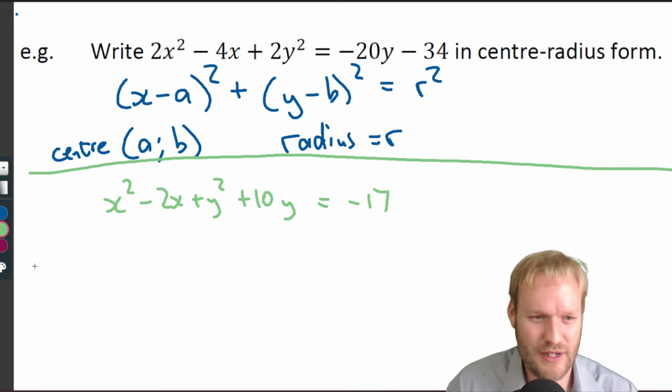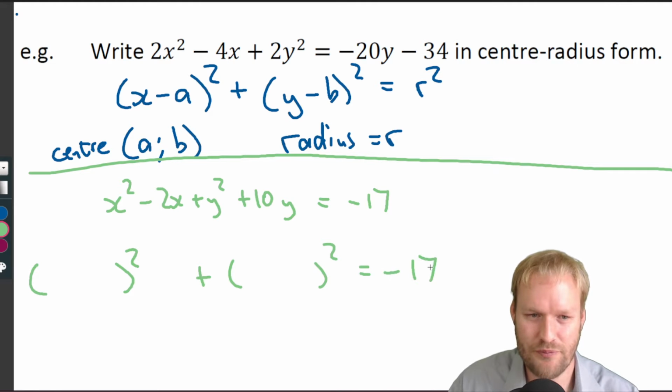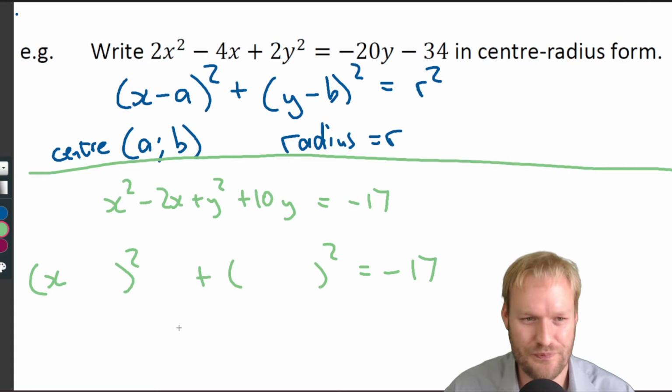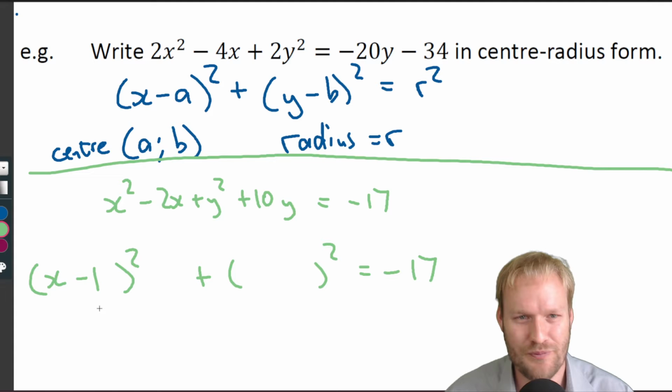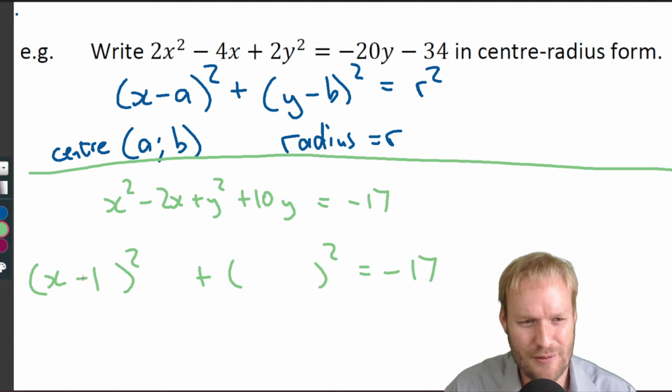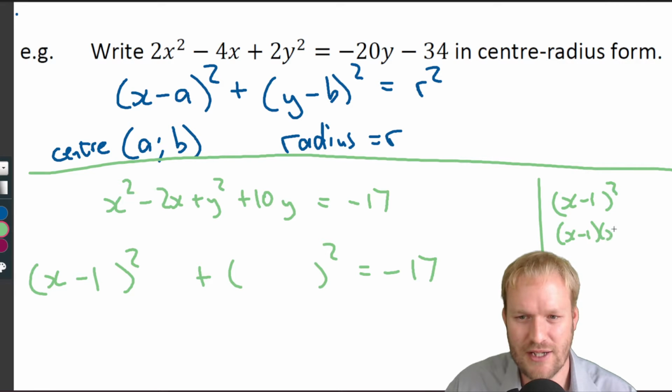Okay, so what we need to do is turn this into something like this. Notice I'm giving myself a bit of a gap. So we know that that's going to be x, and I propose that that's minus 1, because if we think about what x minus 1 squared is, it's x minus 1 times x minus 1, which is x squared minus 2x plus 1.